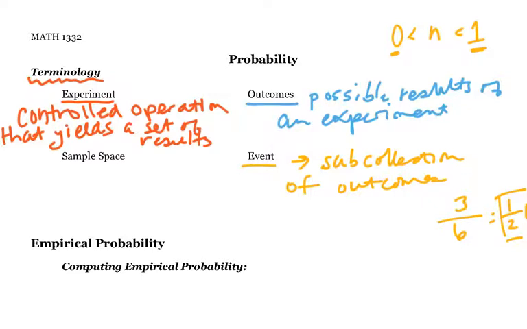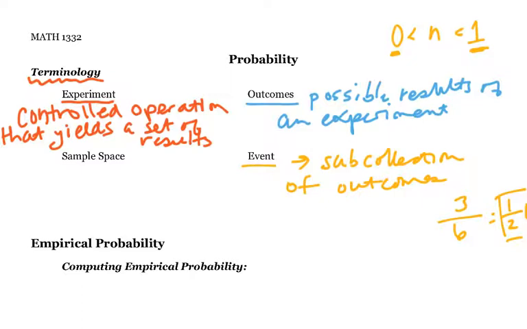Well, that's every single option. So I would successfully reach that outcome and meet that event if I rolled any number on my die. And so therefore I have a 1 out of 1 or 6 out of 6 chance of that happening. So probability must live between 0 and 1.